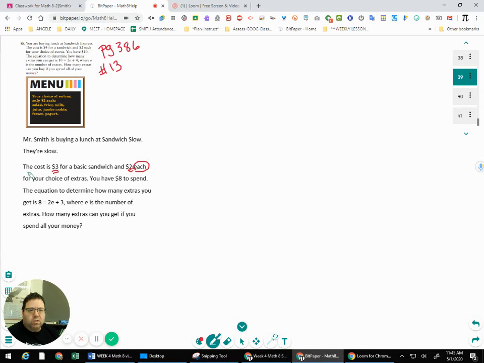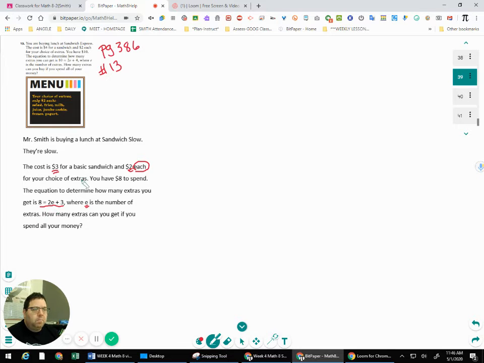Okay, so I'll start again. The cost is $3 for a basic sandwich and $2 each for your choice of extras. Okay, and you have $8 to spend. The equation to determine how many extras you could get is 8 equals 2e plus 3, where e is the number of extras. In this particular problem, not every problem will do this, they've decided to give you the formula.